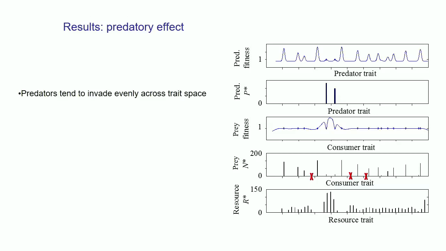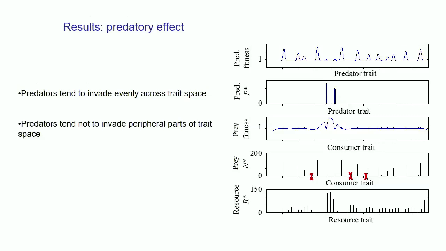The reason for the decreased prey community clustering is that predators tend to invade evenly across trait space, and that can be seen in this fitness landscape where these peaks are quite evenly distributed. That leads to extinctions in the prey and decreased clustering.